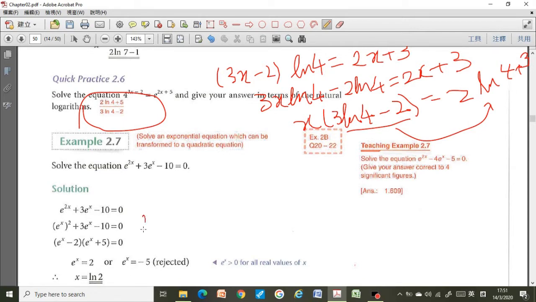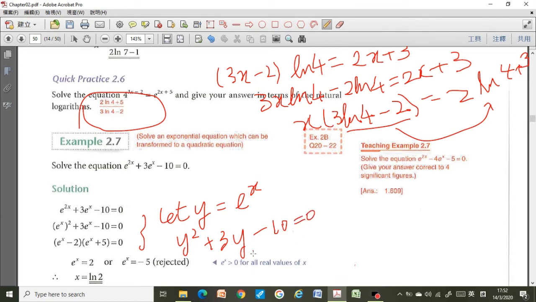Some textbooks will write it down like this: let y equal to e to the power x. Then this one will be y squared plus 3y minus 10 equal to 0. Then y is equal to 2 or negative 5.